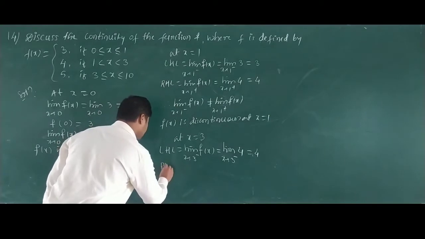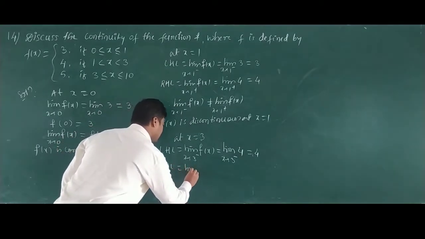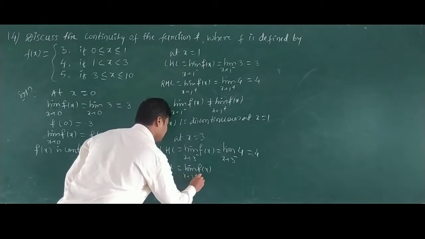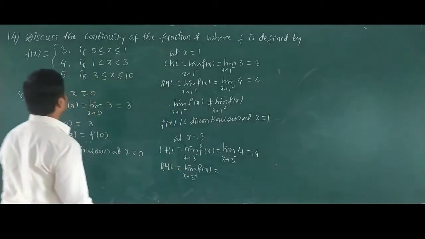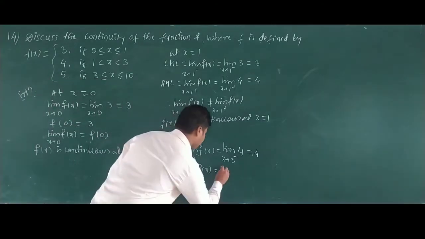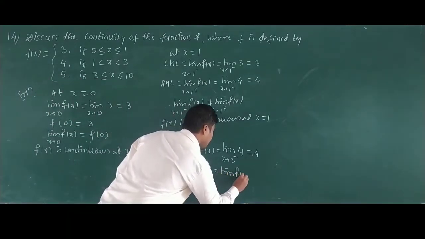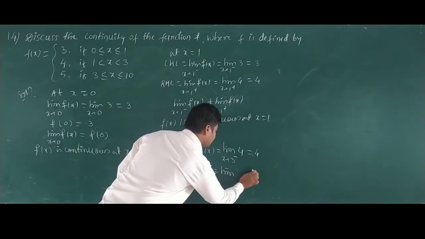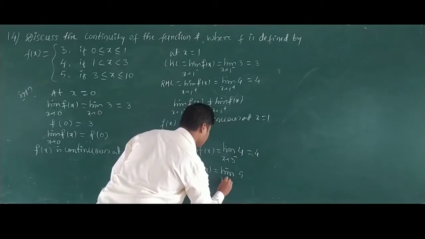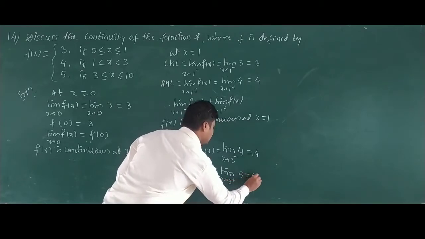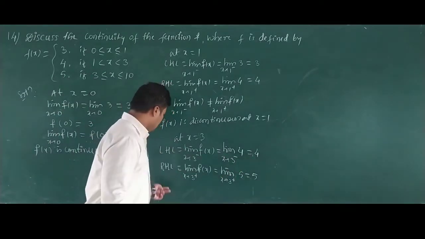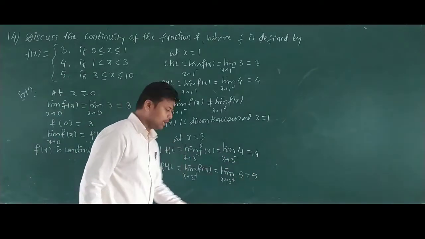What about the RHL? This is limit of f of x as x tends to 3 plus. For values greater than 3, the function is 5. So the limit of f of x is 5 as x tends to 3 plus, a constant function. Again, see, the LHL value is 4 and the RHL value is 5, so the two are not equal.